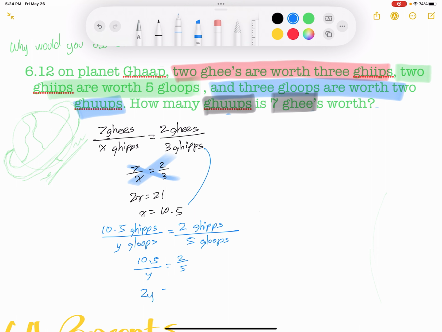So 2y equals 10.5 times 5, which equals 52.5. So y equals 52.5 divided by 2, which is 26.25. Now bring that along to our last and final conversion.